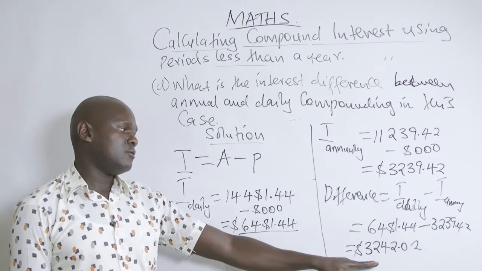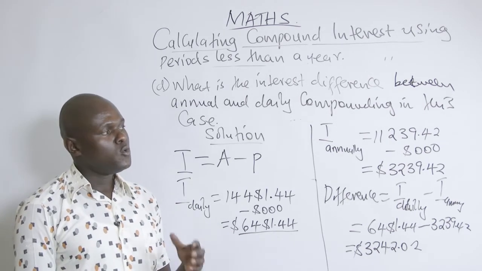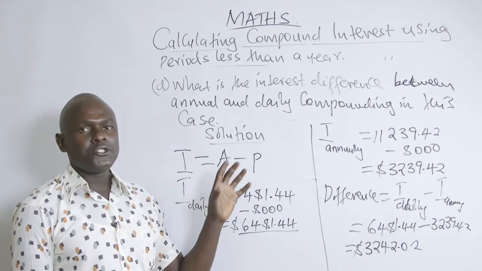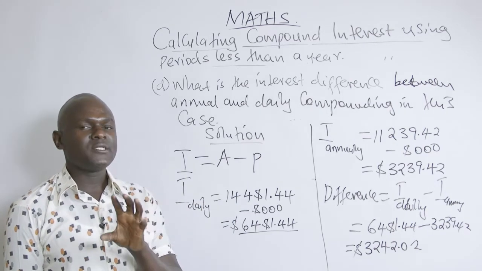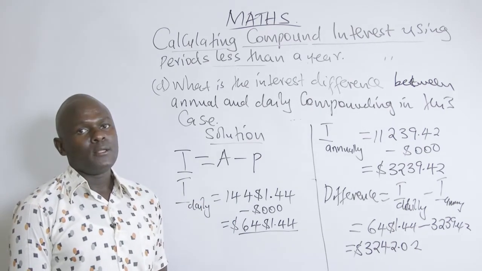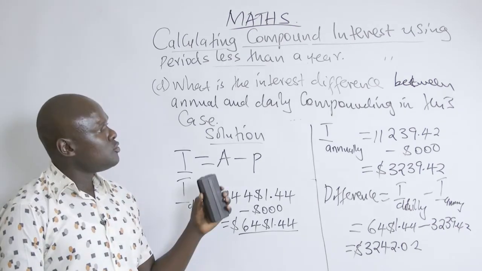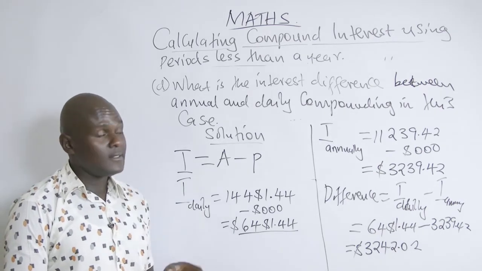The difference is here and you can see. So in terms of investment, this calculation can give you a hint on how to select the best investment choice available for you.